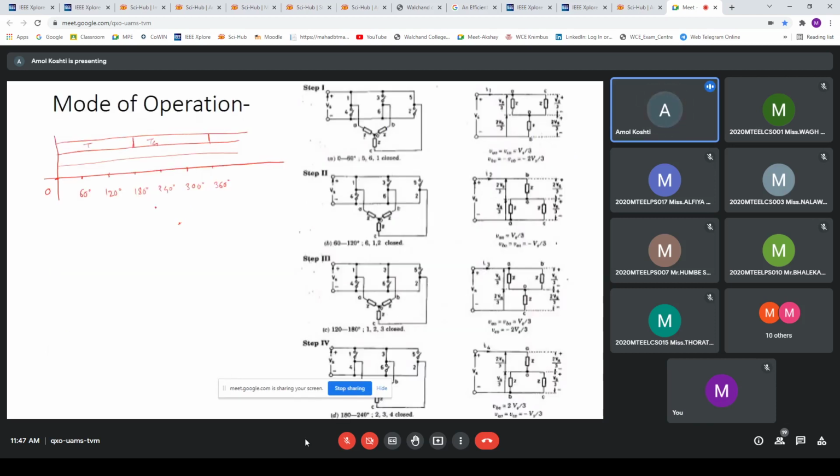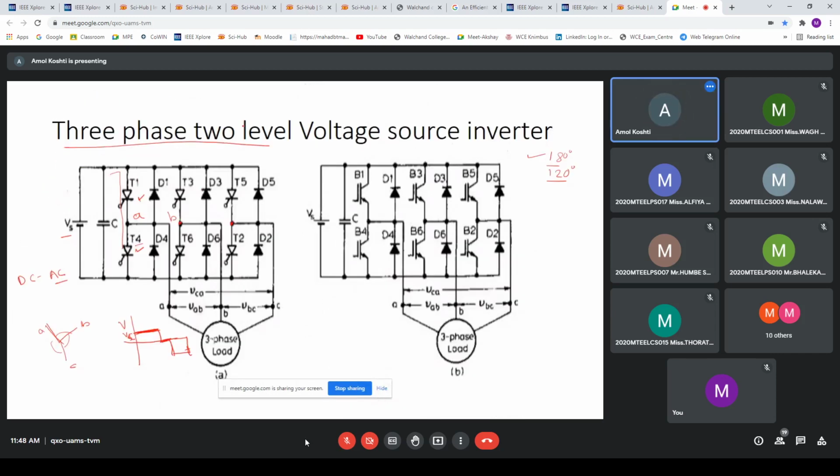After A, 120 degree means this is the instant where B phase will emerge. In B phase, the first switch is T3. That T3 will conduct for how many degrees?